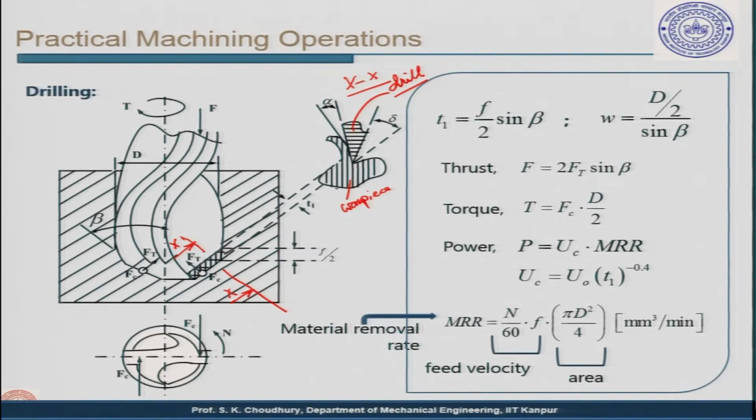It is the same as in the case of turning, and this is the rake face, because the chip will always flow along the rake face of the tool, and this is the flank face which will be in contact or rubbing against the already machined surface. All these concepts will be the same as in the case of turning.